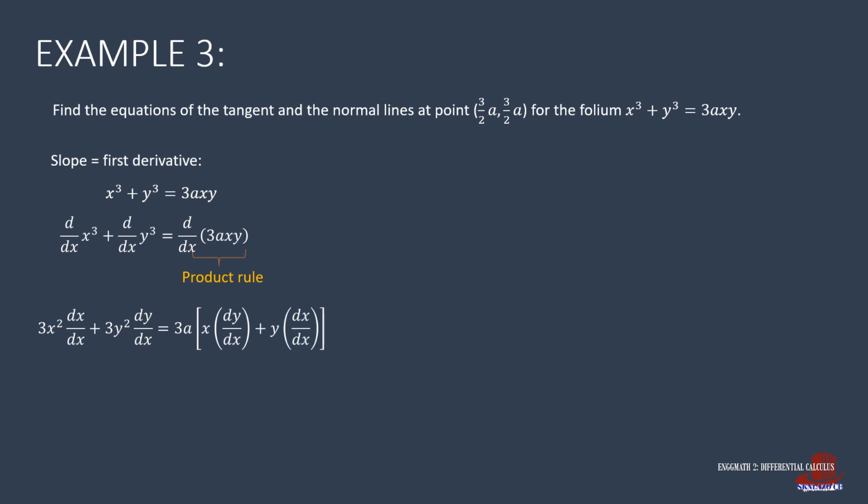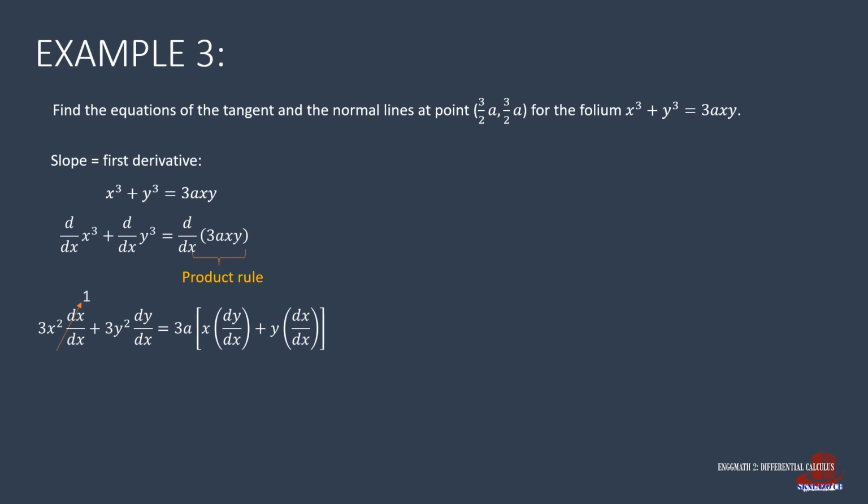3x squared is the derivative of x cubed. 3y squared dy all over dx is the derivative of y cubed. The right side of the equation has 3a extracted out, then the derivative of xy is taken as x times dy all over dx plus y times dx all over dx.